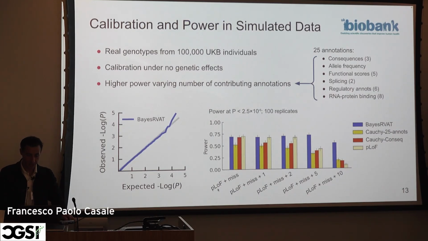And as you can see, if we consider a simple ground truth model where we only have effects from pLoF and missense, then simple models perform as well as this Bayesian framework. But as you increase the number of contributing annotations to the burden, their power drops, and Bayesian is the only one that maintains statistical power.